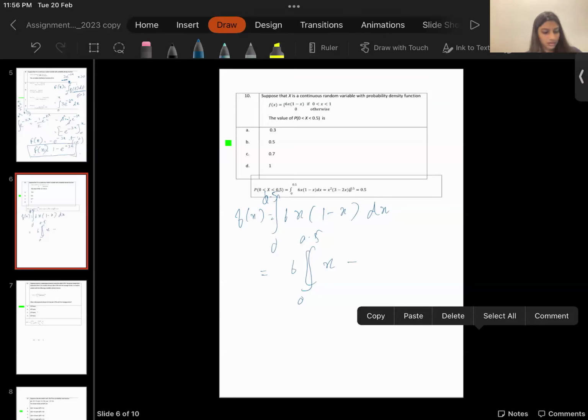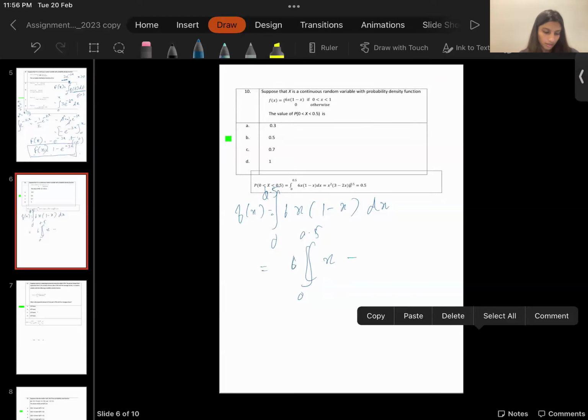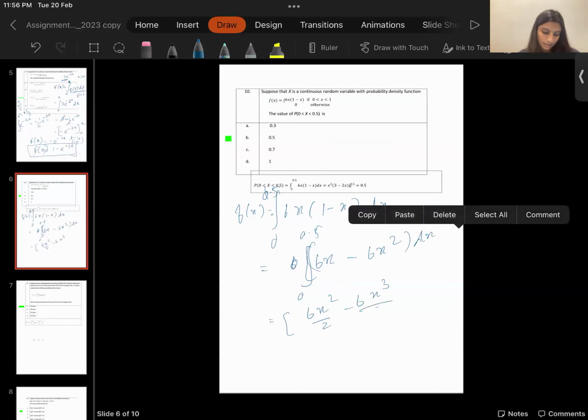Let's just keep it this way. 6x minus 6x square dx. So now integrating this, you get 6x square by 2 minus 6x cube by 3, from 0 to 0.5. 2 3s are 6, 3 2s are 6.